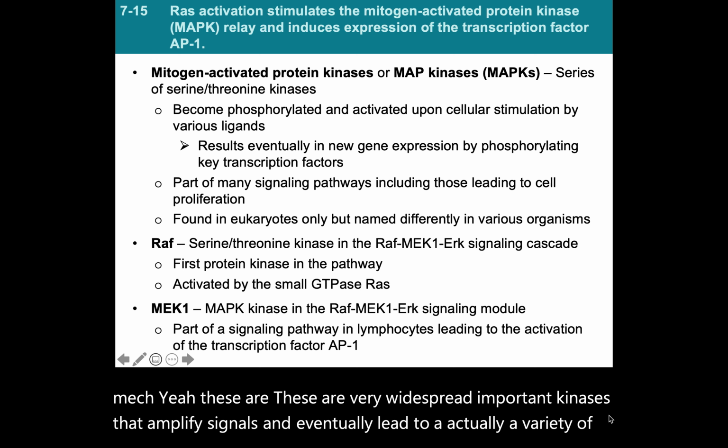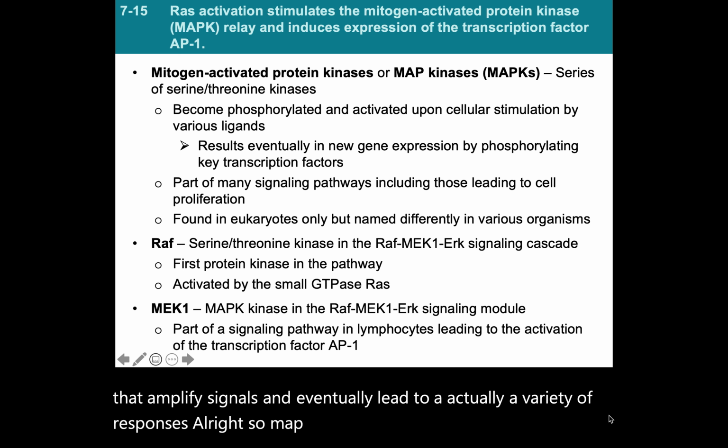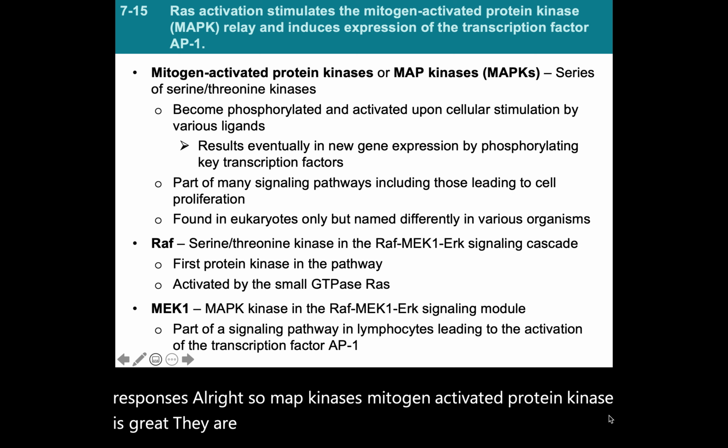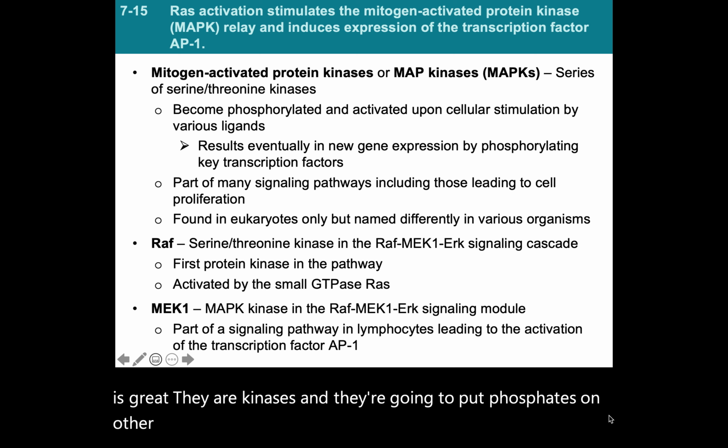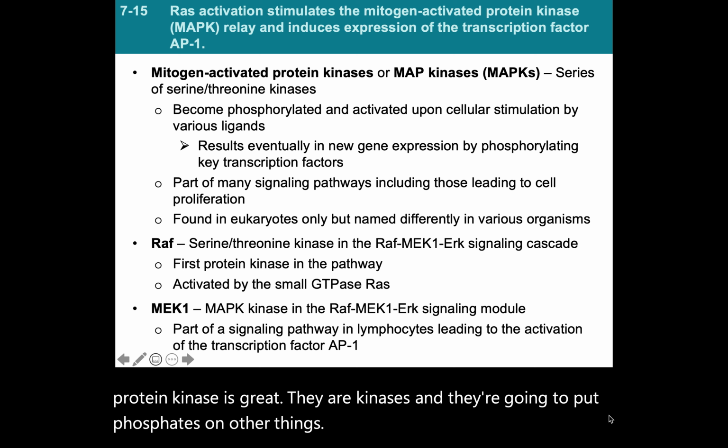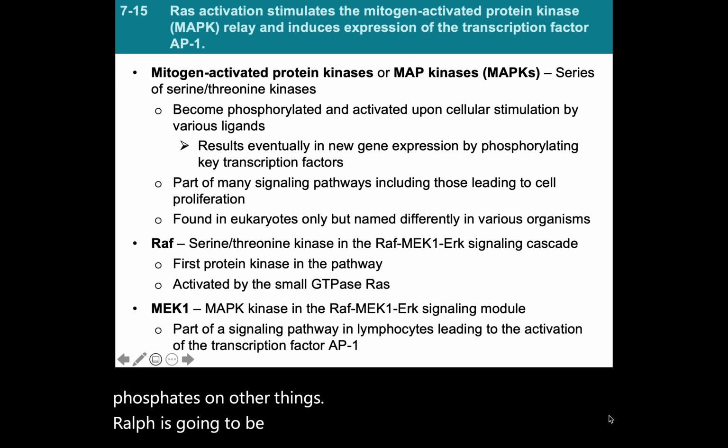All right, so MAP kinases, mitogen activated protein kinases. They are kinases and they're going to put phosphates on other things.